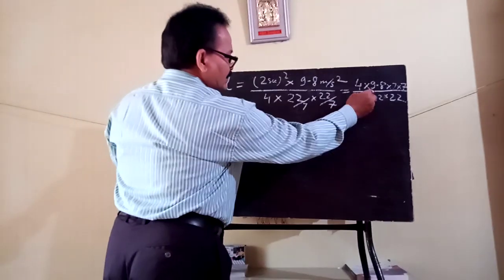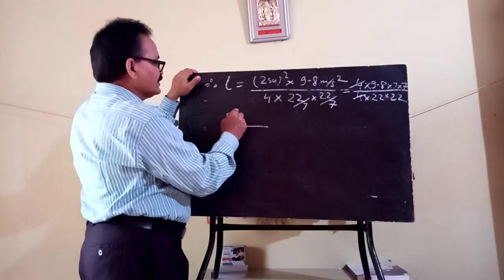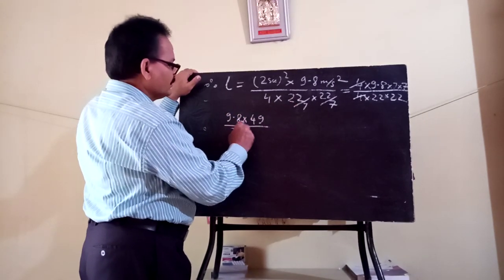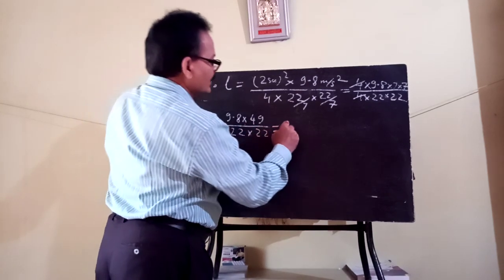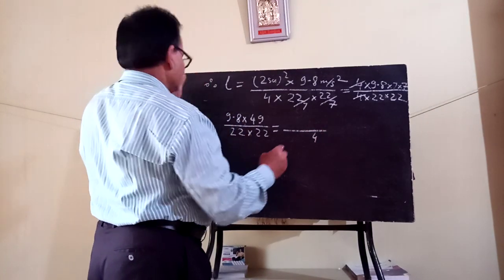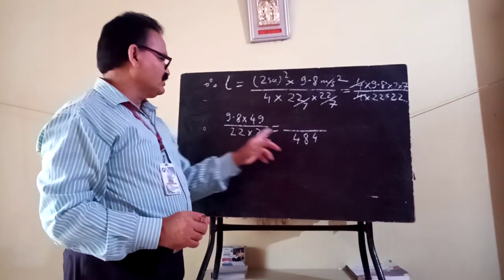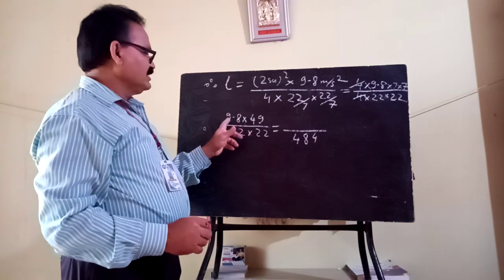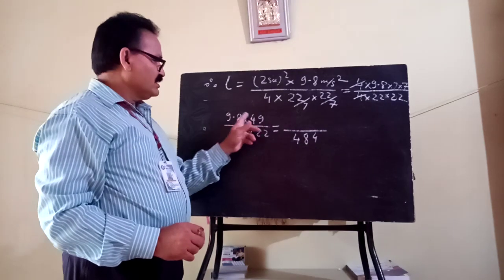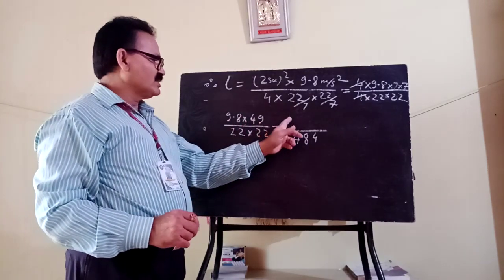See, 4 can be cancelled out, so the final answer becomes 9.8 into 7 into 7, 49, and here 22 into 22 means 484. Now you have to multiply. If you take small g as 10, then it will become 490.